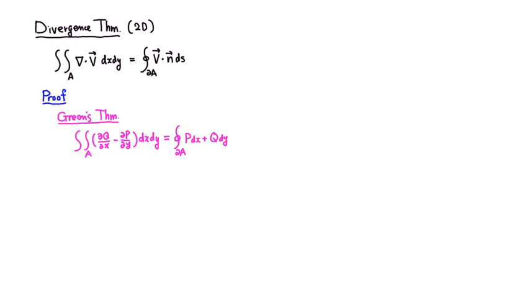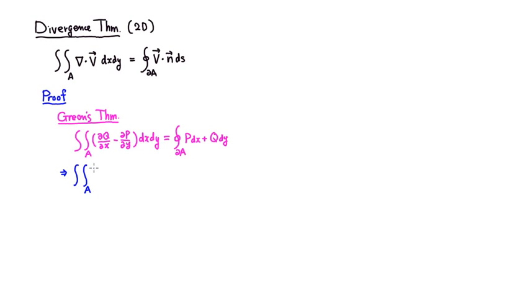As it turns out, this is just the rewritten version of Green's theorem. So here's Green's theorem, and let's rewrite it. On the left-hand side, you have a double integral over the region A, so that's easy.